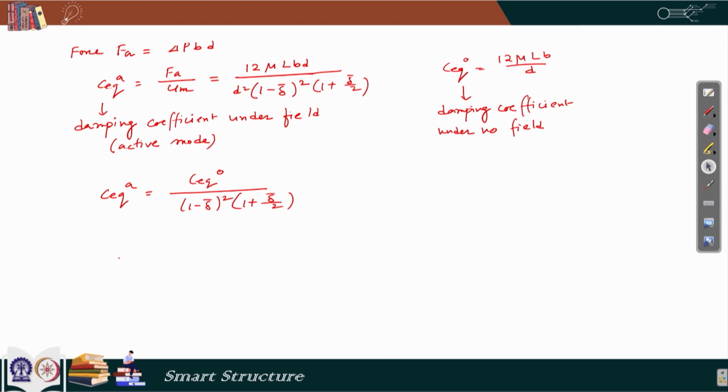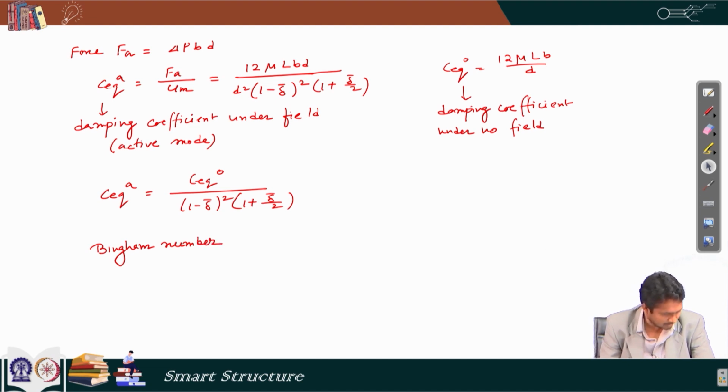Now, let us define a number called Bingham number. And the Bingham number is defined as Bi, which is equal to tau I multiplied by d divided by mu u m.